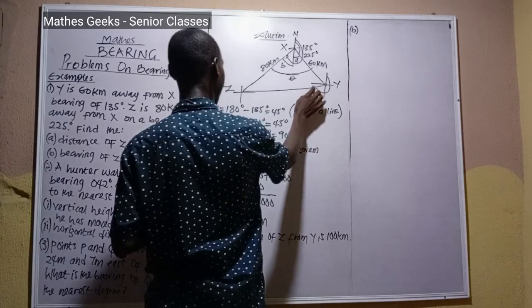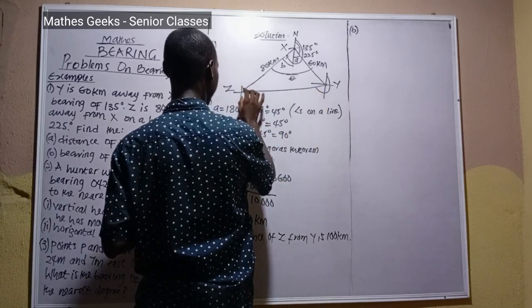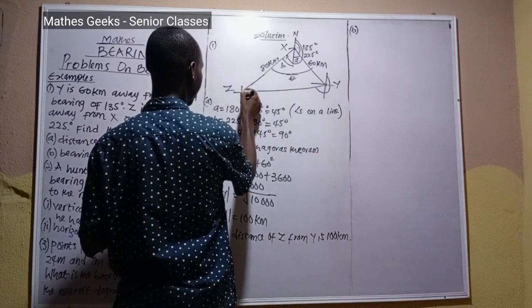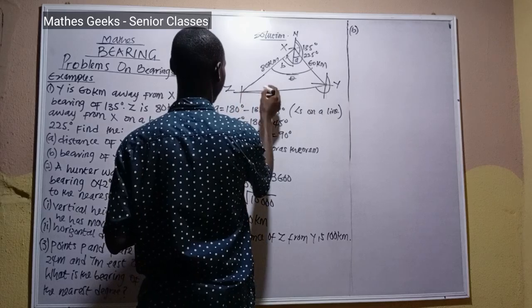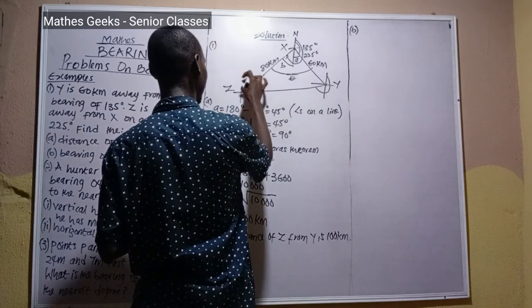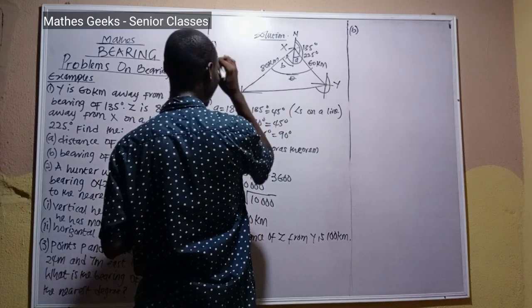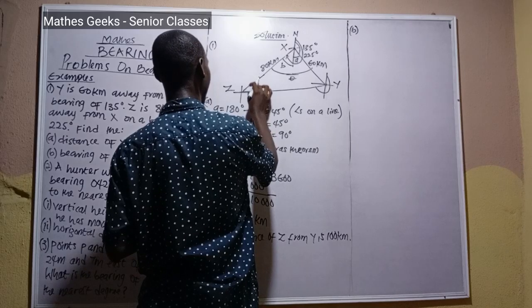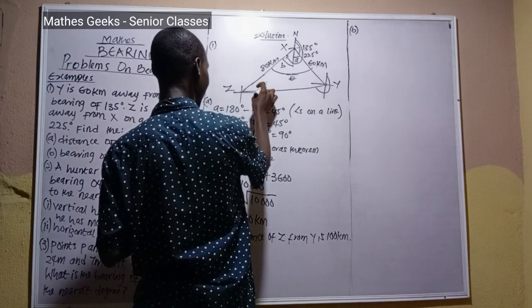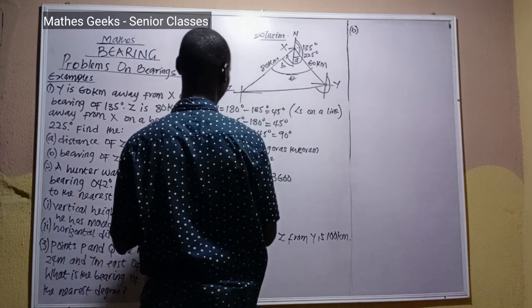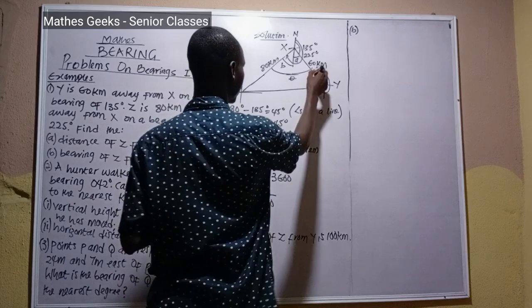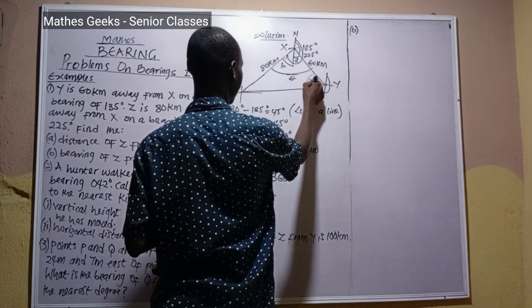We can't get it directly because we don't know this angle here and we don't know this angle here. Even if we get the value of this angle, we cannot subtract from here because we still have this line in the first quadrant.